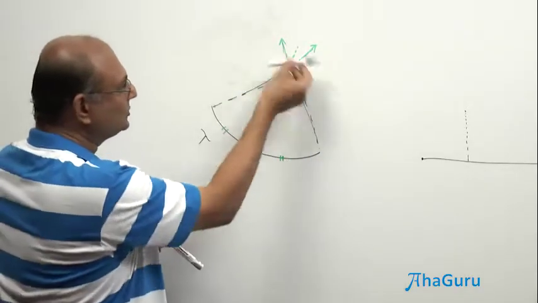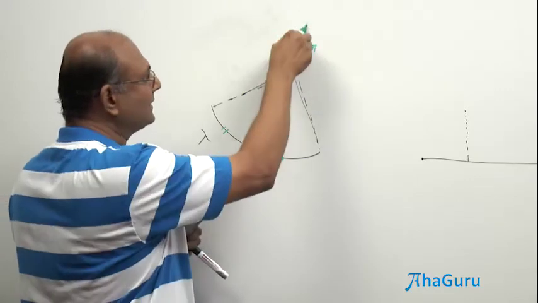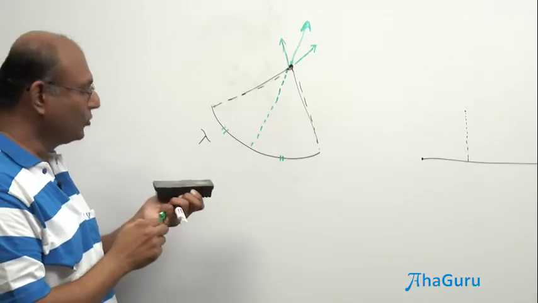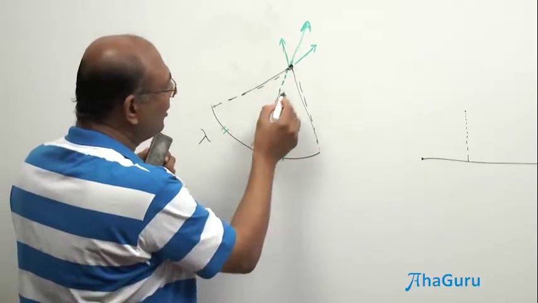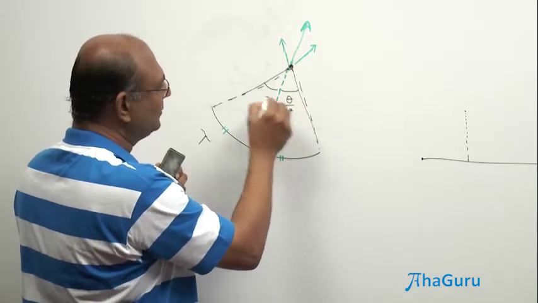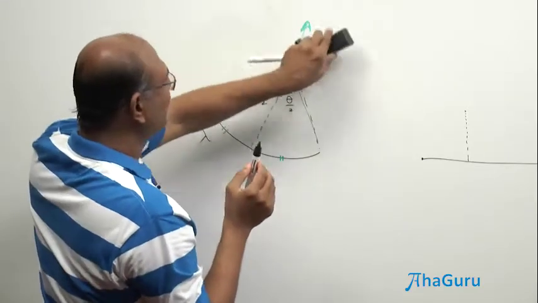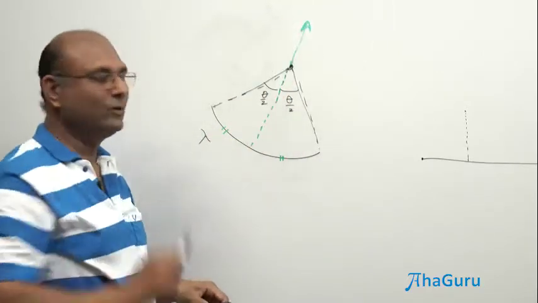You expect that these two will cancel, and so the net field because of these two will point in this direction, right? So I can then conclude that for this thing, the field is along the angle bisector. If the angle was theta, this would be theta by 2, and the field is along the angle bisector. So I can say that the field actually right in the middle, you can do that.